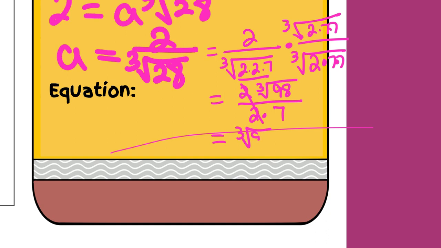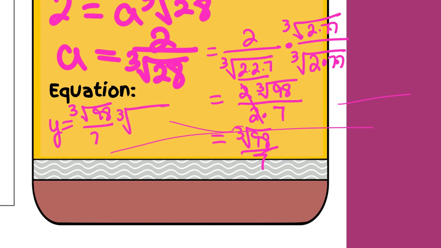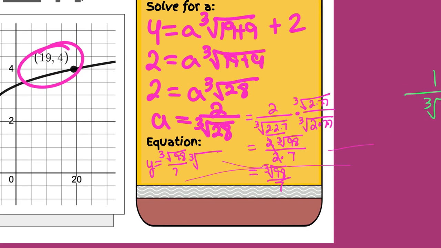Leaving me with the cube root of 98 over 7. So we just got y equals the cube root of 98 over 7, and the cube root of x plus 9 plus 2.